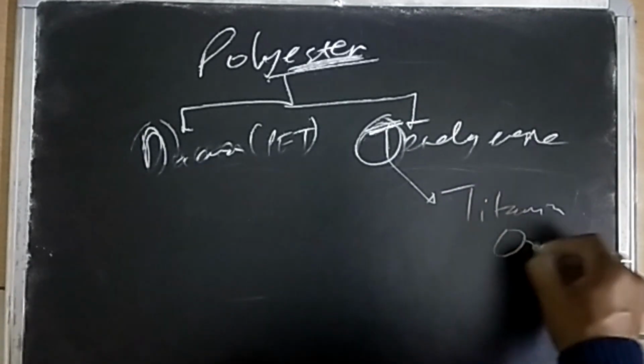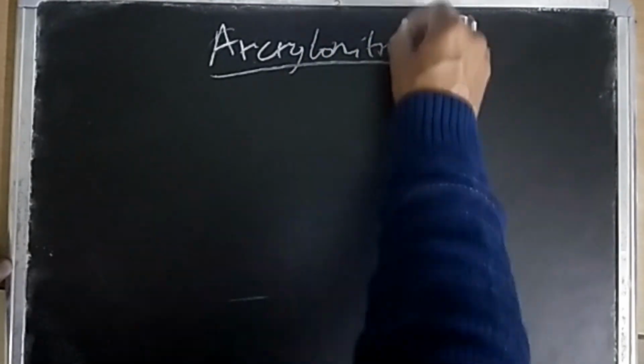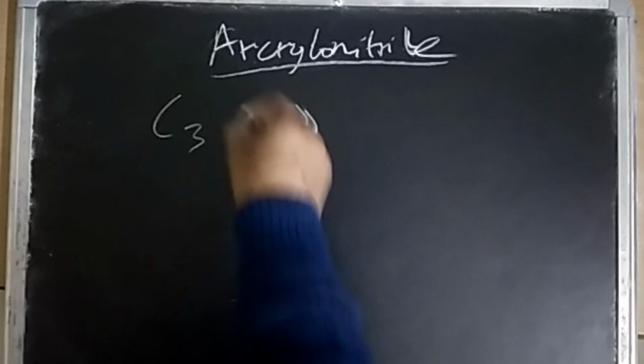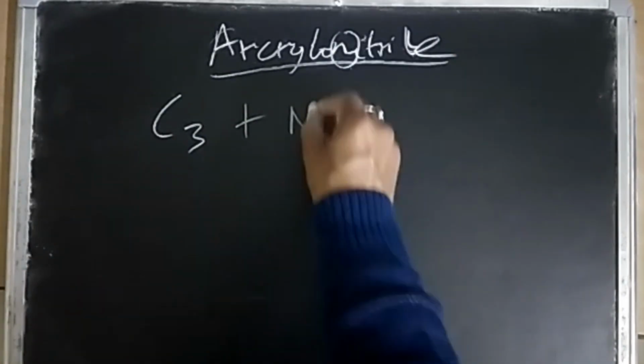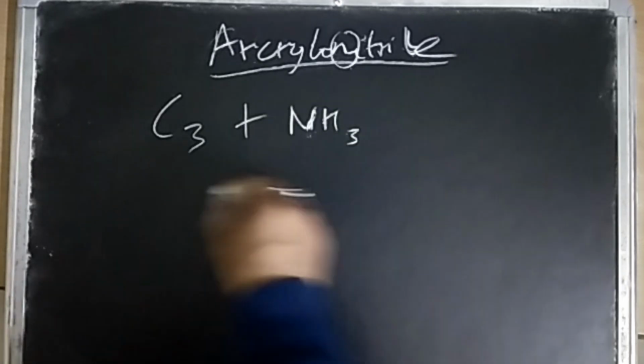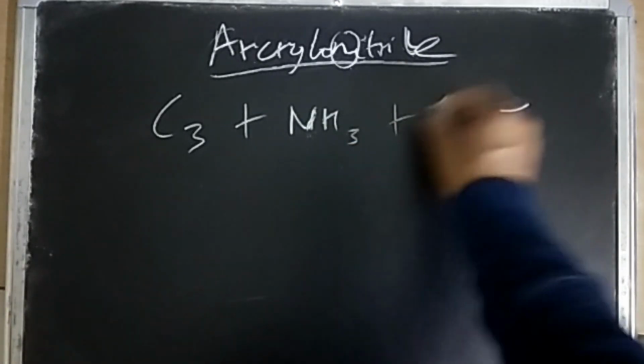Okay, let's now move to the next part, the most important thing, acrylonitrile. Here what we do is C3 propylene plus NH3. Nitrile means nitrogen is there, plus NH3, propylene, NH3, and oxygen.